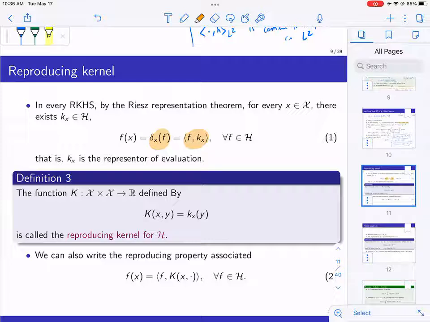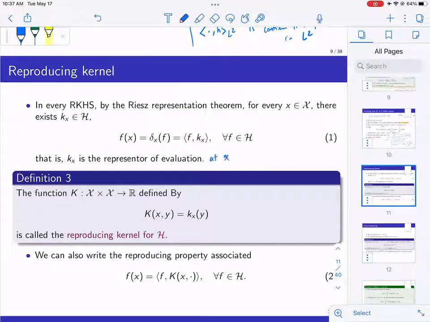So for every x, there is an element kx in the Hilbert space such that the inner product of f with this kx is f(x) for every f. So this is the representer of evaluation at x.